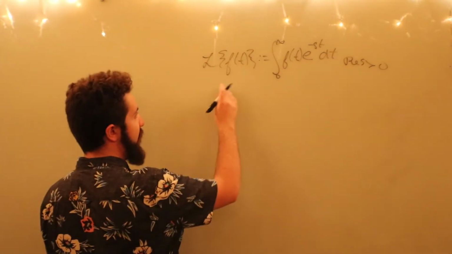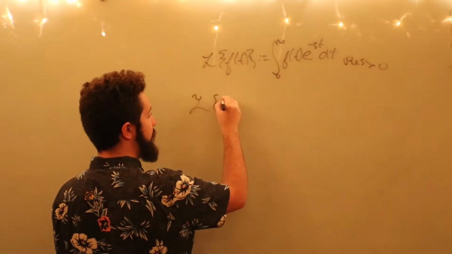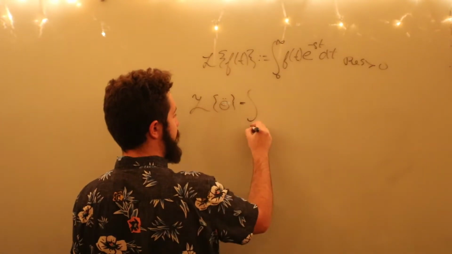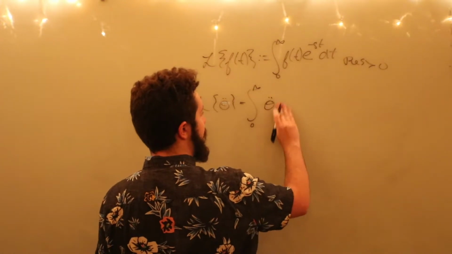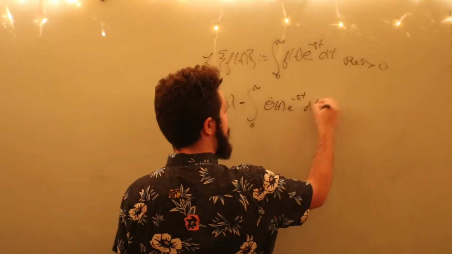So we want to take this integral. We have the Laplace transform of theta double dot, which is what we're interested in. So this is going to be equal to the integral of theta double dot e to the negative st dt.